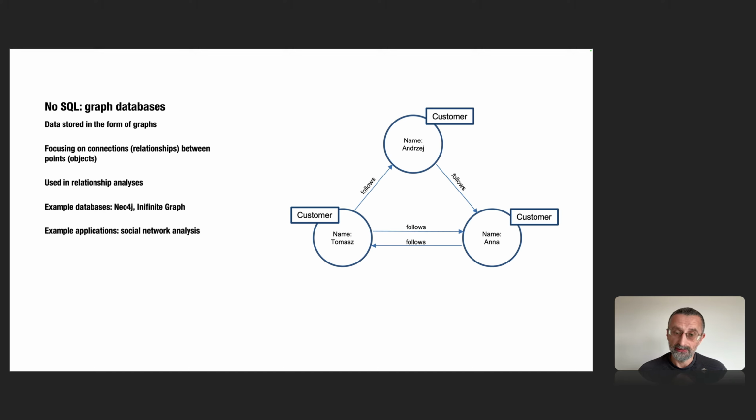Okay, so if you have your own database and you want to create a kind of chatbot system, do not use large language model fine-tuning, use retrieval augmented generation, and in case you have a lot of documents and very complex queries, you need to combine RAG with knowledge graphs. So for that case, graph databases may be very, very useful for you. So these are not only SQL databases.